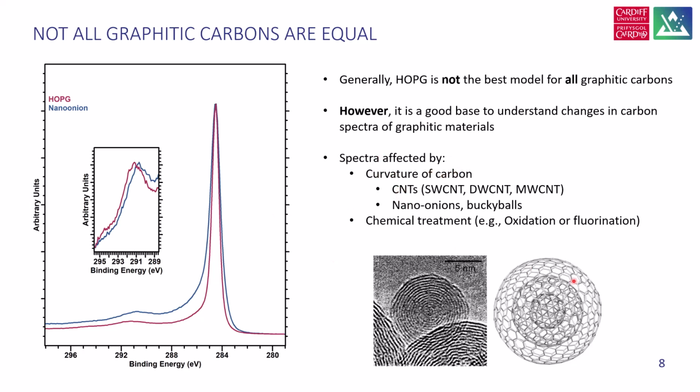Indeed, with single buckyballs and carbon nanotubes, be they single-walled, double-walled or multi-walled, there will be some extra width, slight extra asymmetry, and also some elongation to the lower binding energy side. This all comes from strain, and there are some nice papers in the literature discussing that.